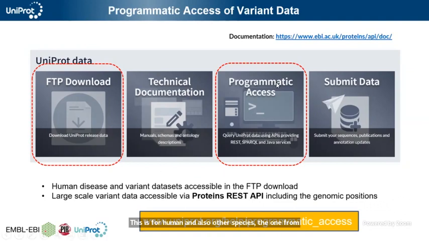And under programmatic access, you are able to access information on variants imported from large-scale studies via the Proteins REST API, including genomic coordinates of UniProt sequences and variants, of services providing annotation imported and mapped from large-scale data sources such as 1000 Genomes, ExAC, and others.